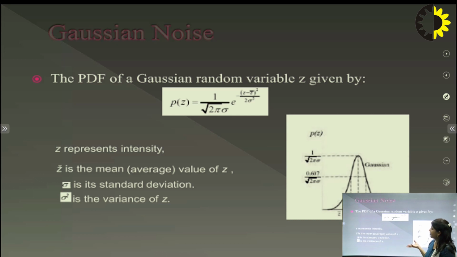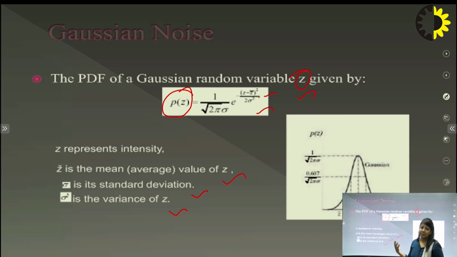So first is Gaussian noise. We all know Gaussian noise is a probability. We have to calculate the probability density function of the Gaussian random variable z. This variable z is the Gaussian value of any pixel. Then we calculate the probability density function, which is equal to 1 upon root 2 pi sigma times e raised to the power minus (z minus z bar) square upon 2 sigma square, where z bar is the mean value of z, sigma is the standard deviation, and sigma square is the variance.